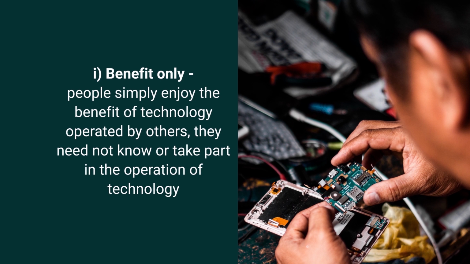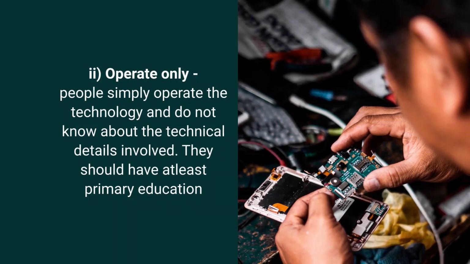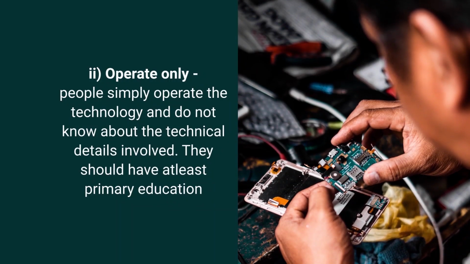They need not know about the technology, and they need not take part in the operational part of the technology, but they enjoy the benefit, they just use the technology. Second is the operate only. Here, people simply operate the technology and do not know about the technological details, but they have some primary education.